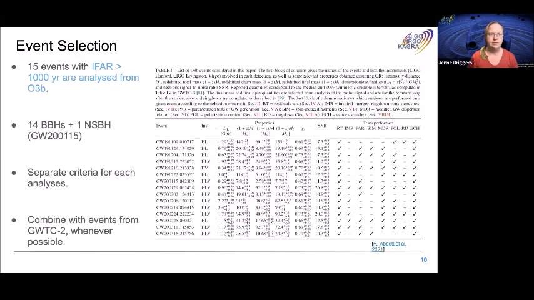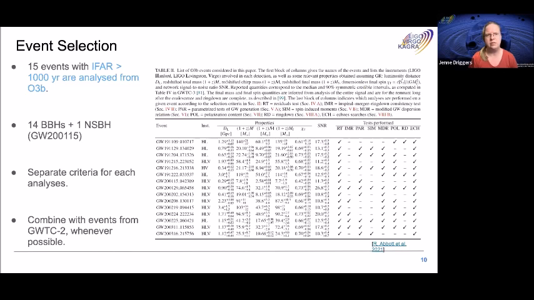Of those events, we look more closely, in particular, at events with an inverse false alarm rate of better than 1,000 per year. So we take the most likely 15 events from that set. Of those 15, 14 are binary black holes, and one in particular is a neutron star black hole coalescence.